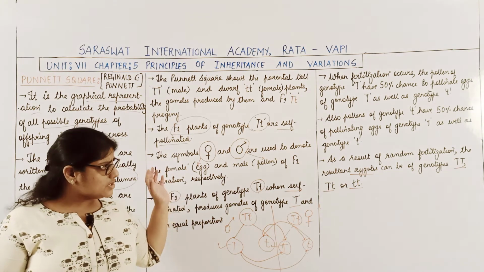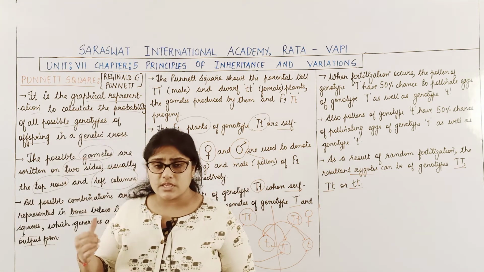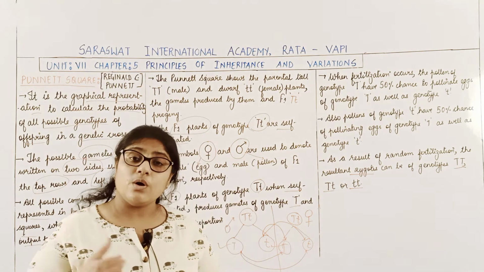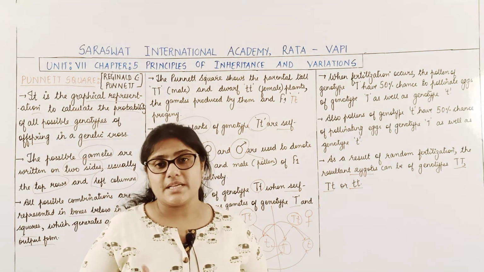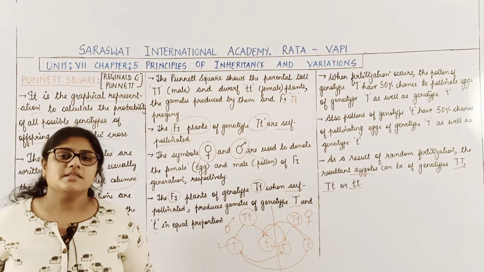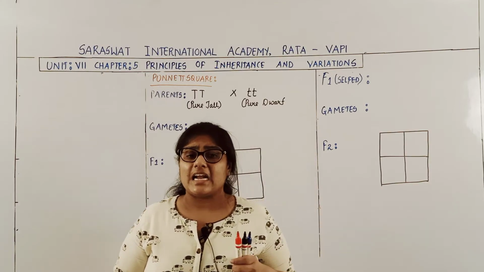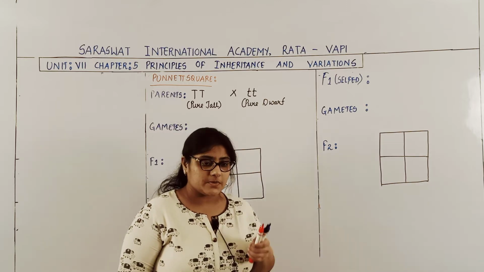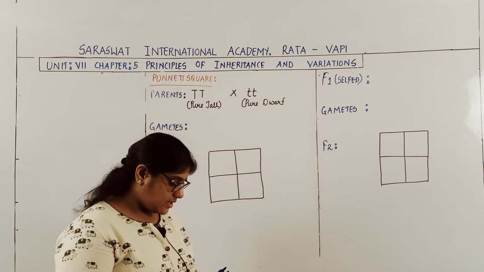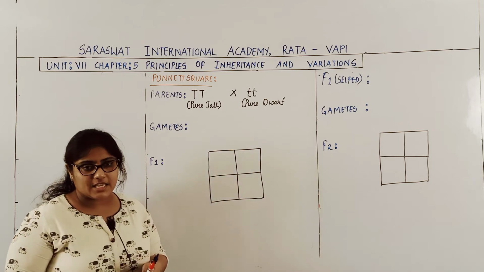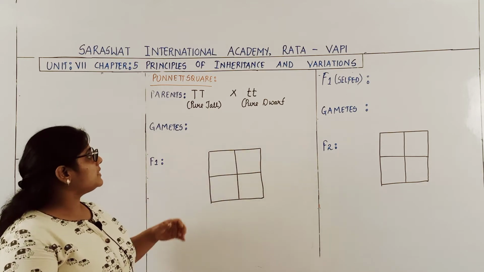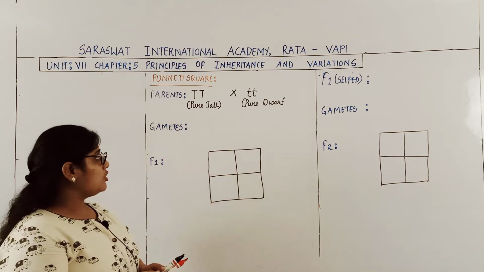Now students, I theoretically explained to you the Punnett square. Now we will graphically represent a Punnett square, how a Punnett square is formed. So, we will take the same example, the crossing between the pure tall and pure dwarf plants.